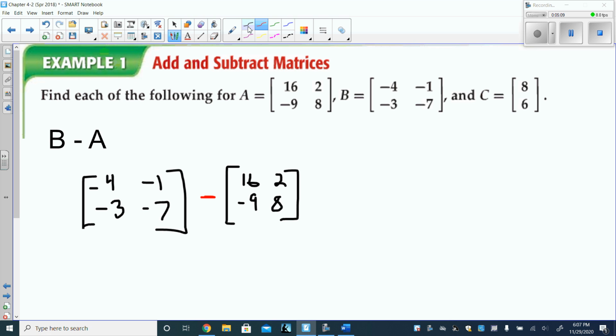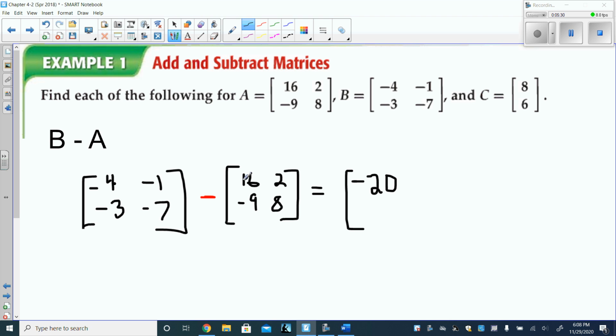Now, we already know that the dimensions for matrix A and B are the exact same. So we can go on and subtract, and we would subtract the corresponding elements. So negative 4 minus 16 would be negative 20.